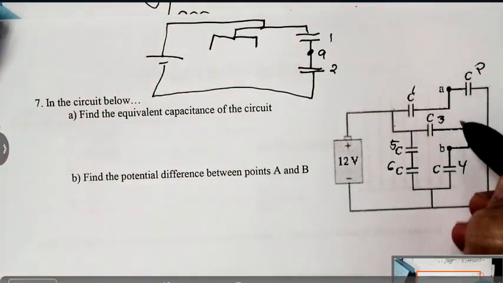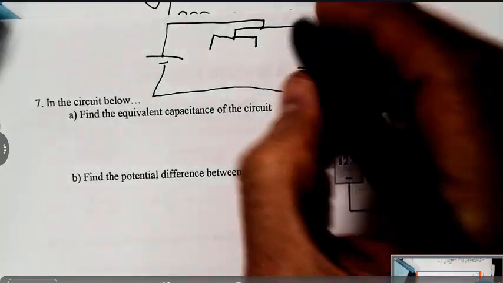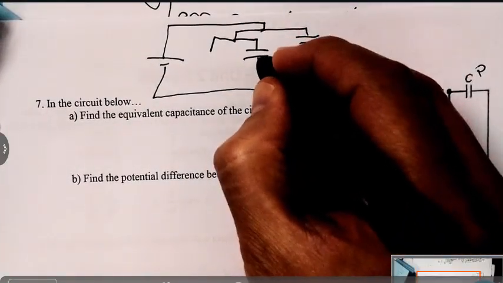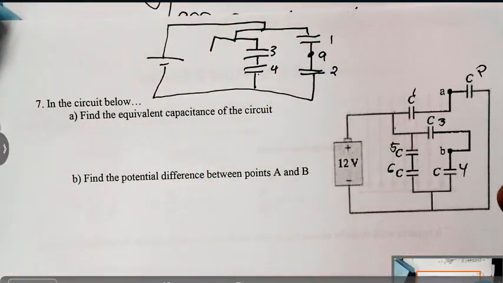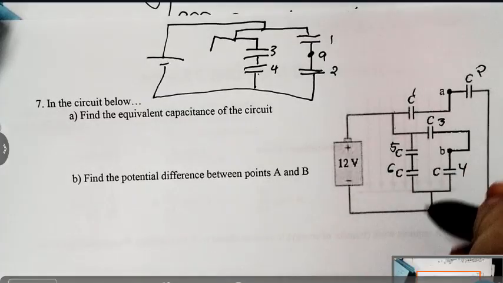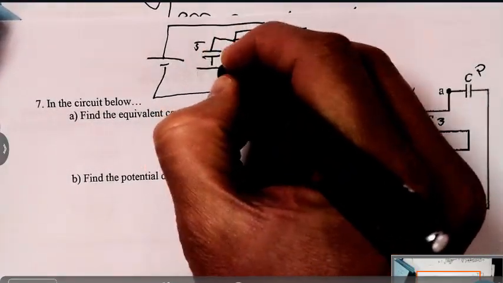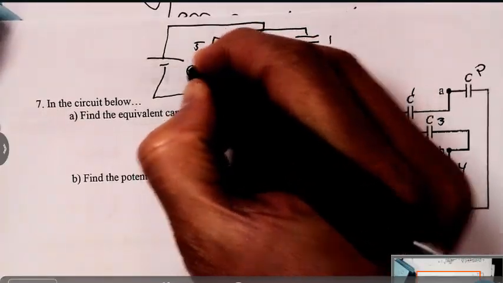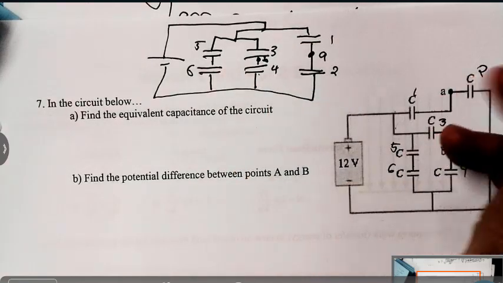Then we hit capacitor 3, and then capacitor 4, and we're back home. We hit capacitor 5 and 6, and we're back home. And then point B is right here between these two spots.